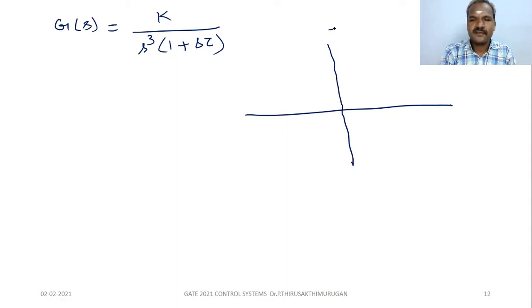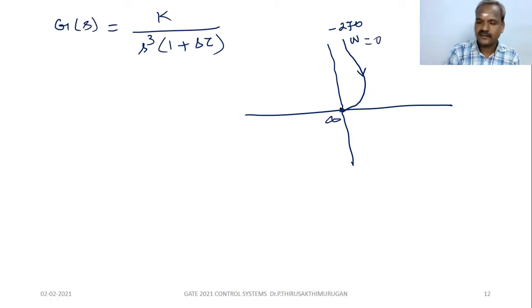So it starts at minus 270, ends at minus 360, that is 0, right? So the typical plot is like this. So omega increasing, omega from 0 to infinity, right? This is type 3, order 4.